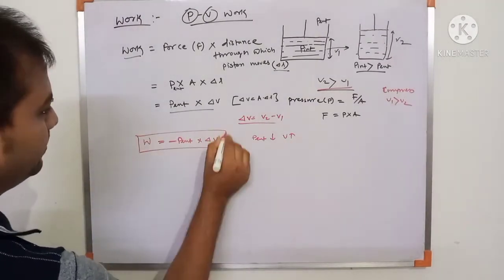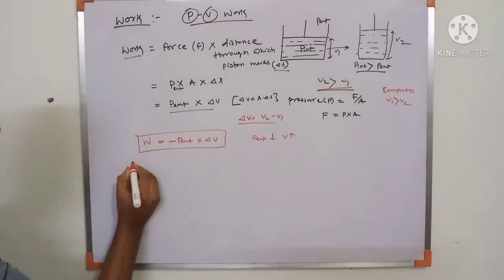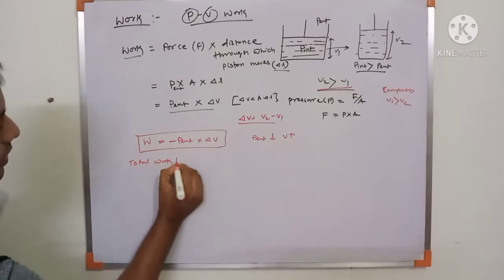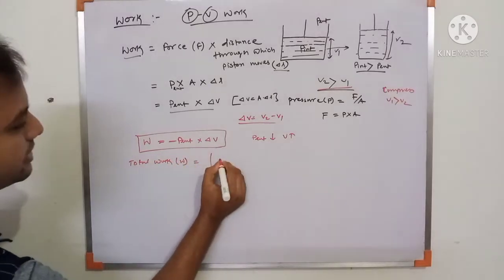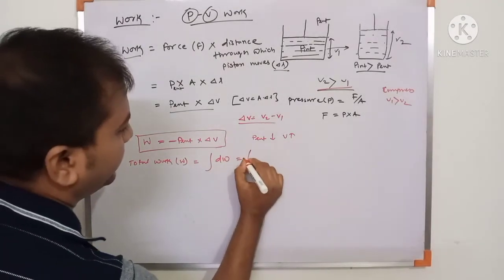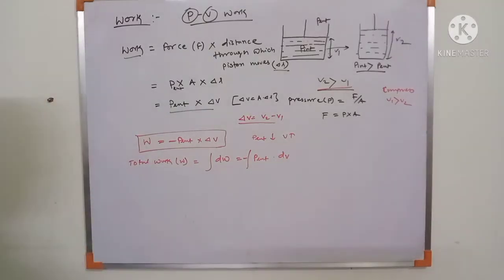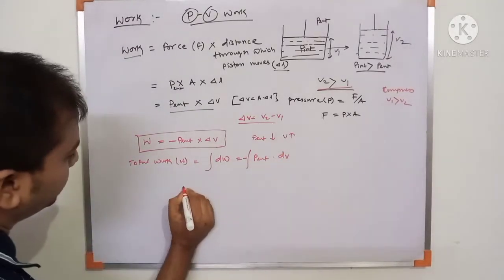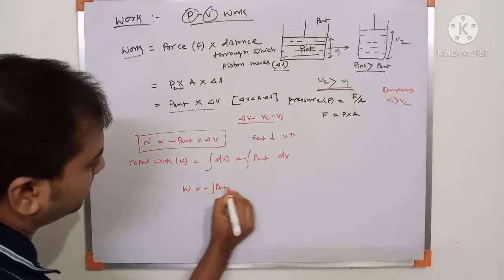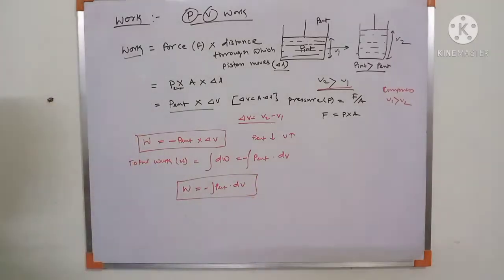So W equals minus P external into delta V. Now total work W equals summation of dW equals minus P external into dV. So W equals minus integral P external dV. This is the most important equation.